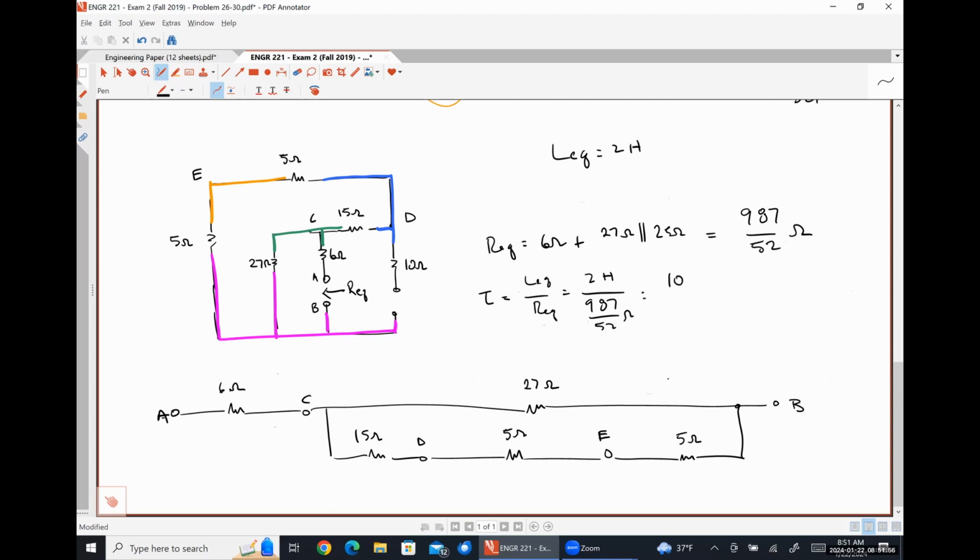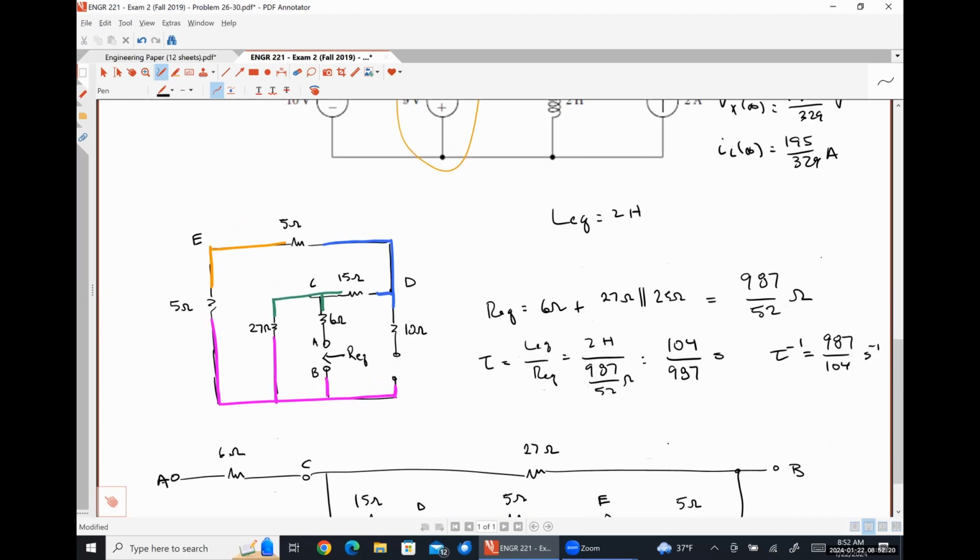Looks like 104 over 987 seconds. And the inverse of tau is then 987 over 104 per second. I'm going to write those up here. You'll see in just a second.